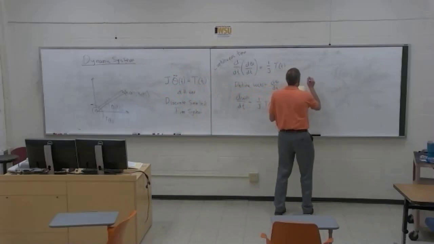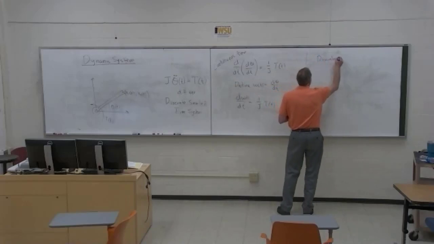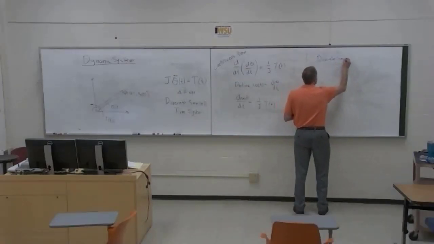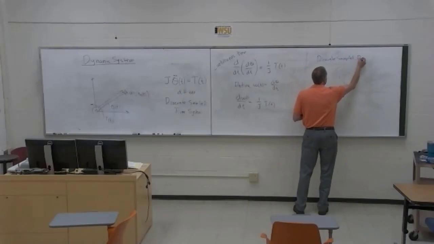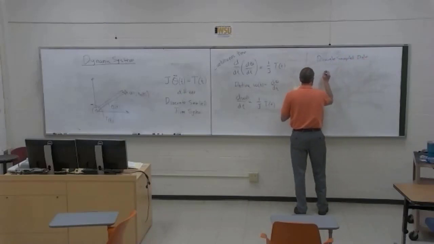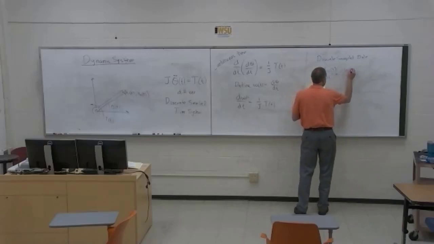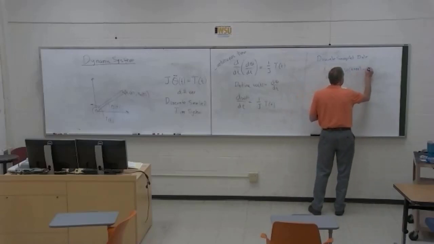So we approximate the derivative of omega as omega one time step ahead of where we are, and we drop back one to the time we're actually at and divide by delta t.